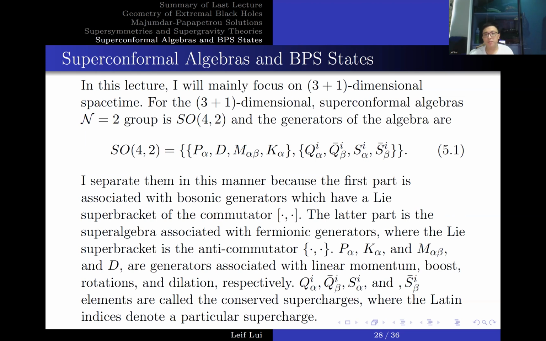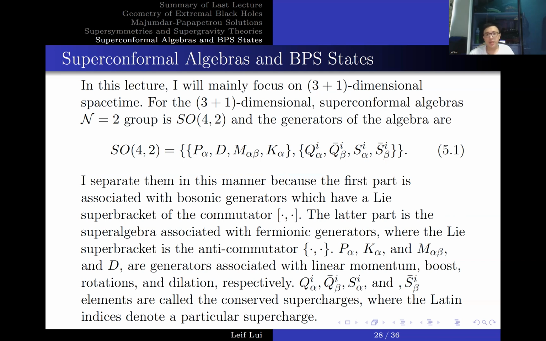Conformal algebras represent conformal transformations, but they only have one type of Lie bracket. The first ones are called the bosonic generators, which have Lie brackets as the commutators, whereas the latter ones are the superconformal algebras associated with fermionic generators, and the Lie brackets are the anti-commutators. So superalgebras actually have two types of Lie brackets.